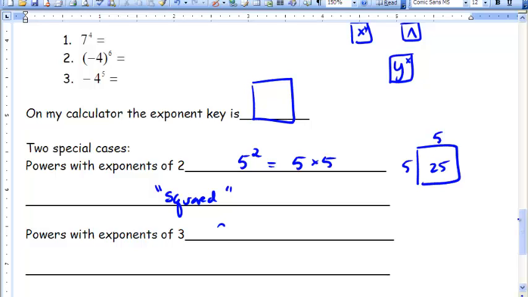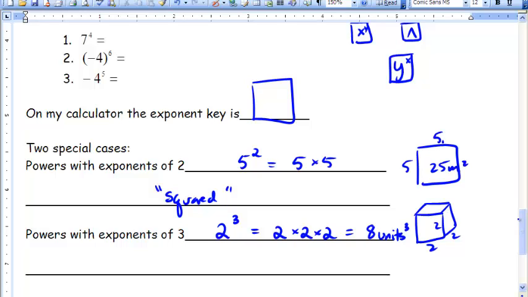Well, that's like saying 2 to the exponent of 3, and that means 2 times 2 times 2, and this would be like drawing a cube. And we have 2 by 2 by 2, and that's going to equal 8 units cubed. Just like this one would be 25 meters squared if they were all meters. All right? And that would be cubed.